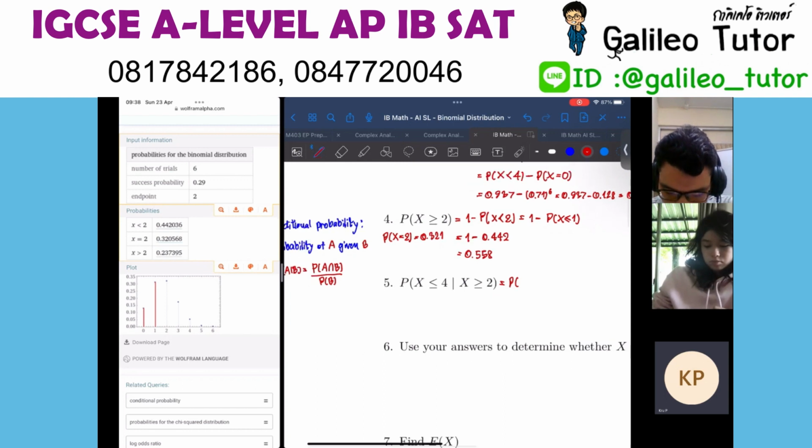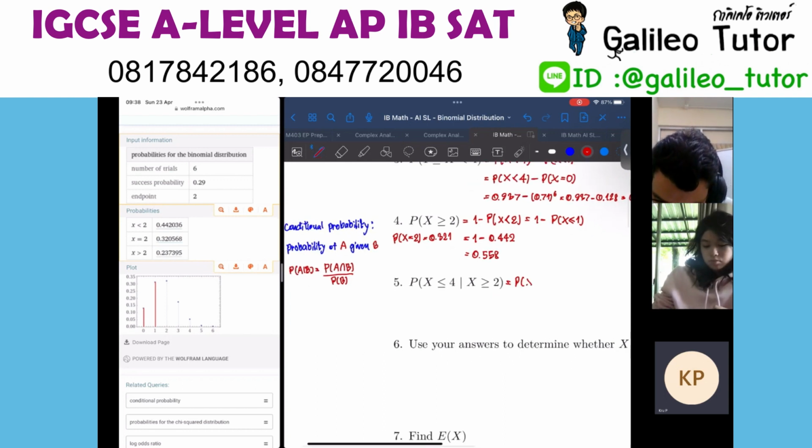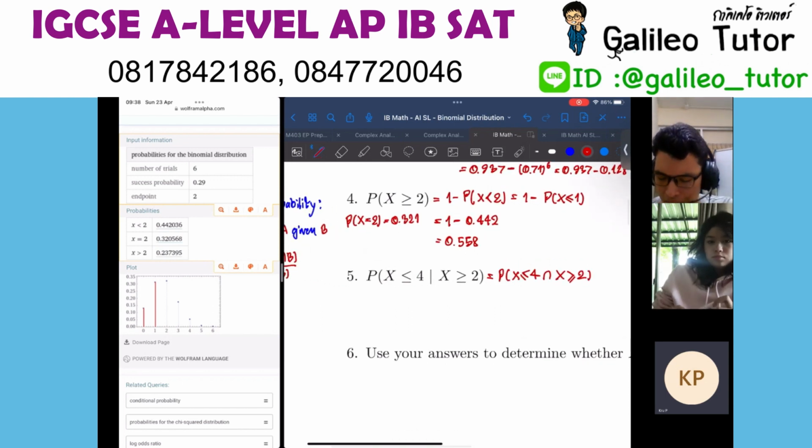Alright, the numerator is going to be x less than 4, intersection x greater than or equal to 2. What is intersection? Intersection is and. Intersection is equivalent to and. Union is equivalent to or.